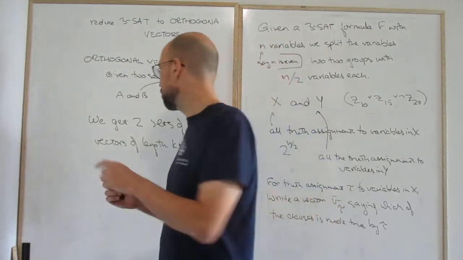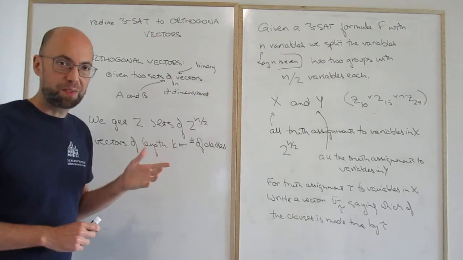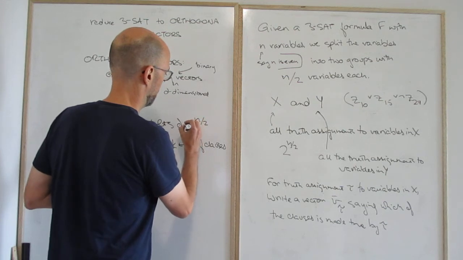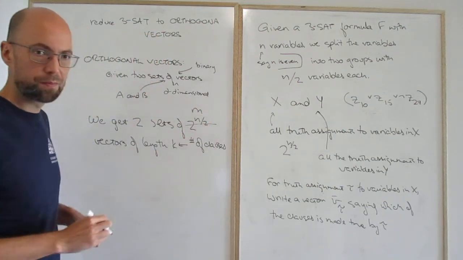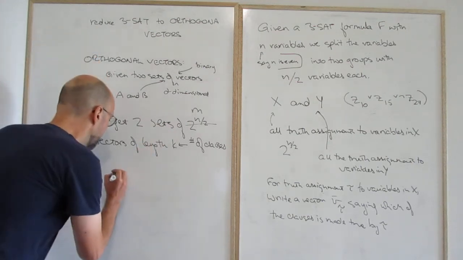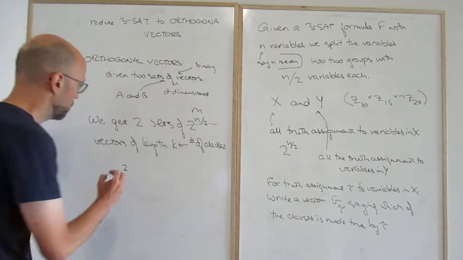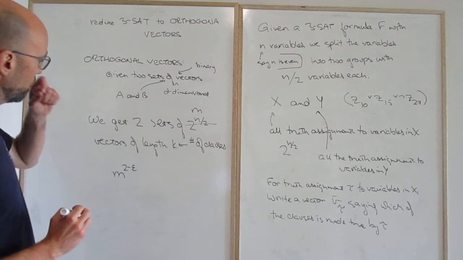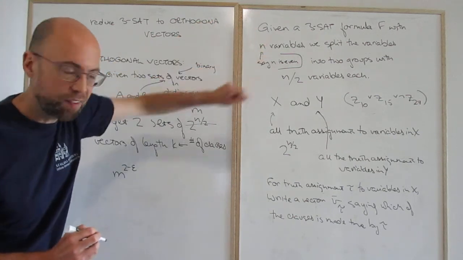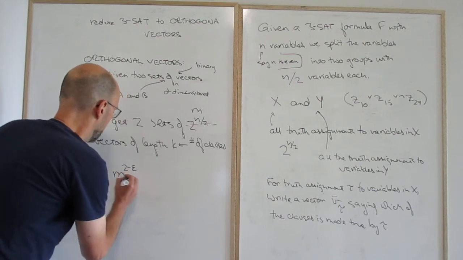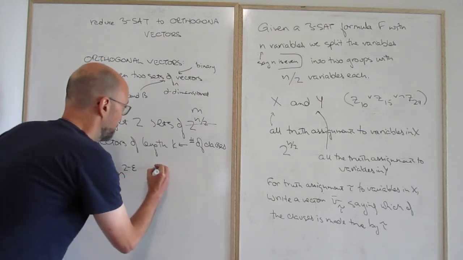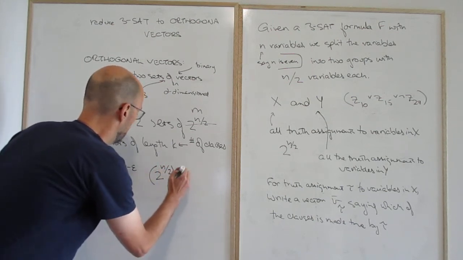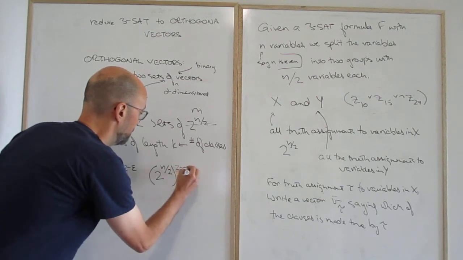Okay, so if we could do this, we're going to say this is not 2 to the n over 2 anymore. We're just going to call this m. If we could do this in better than m squared time, say in m to the 2 minus epsilon, then what would that mean? We could solve SAT in, now we change m back to 2 to the n over 2, to the 2 minus epsilon.